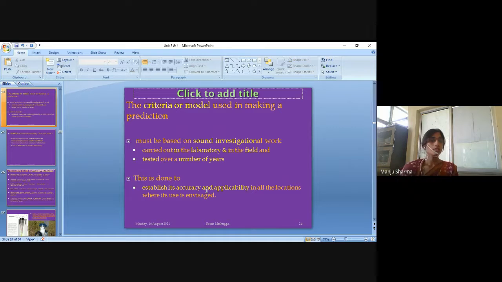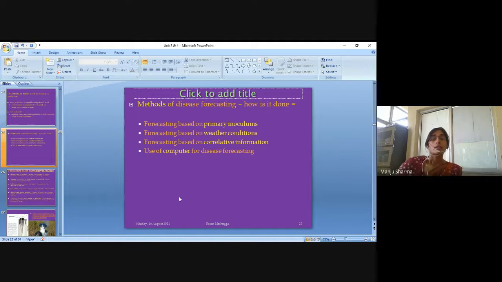This is done to establish its accuracy and applicability in all the locations where it is used. Then, the methods of disease forecasting and how it is done.